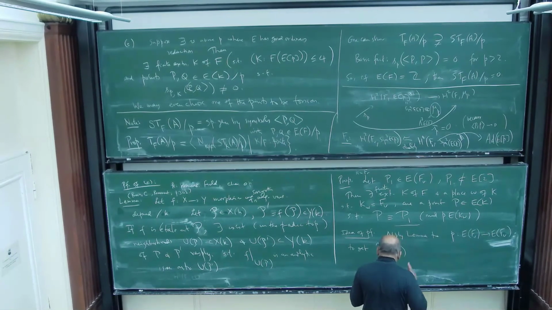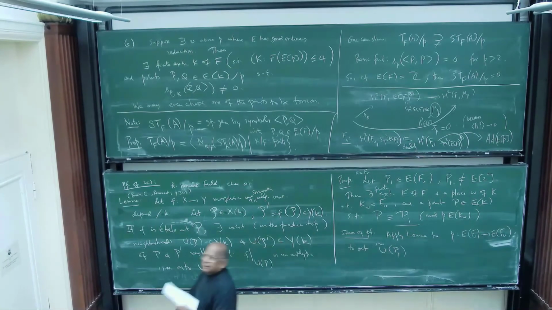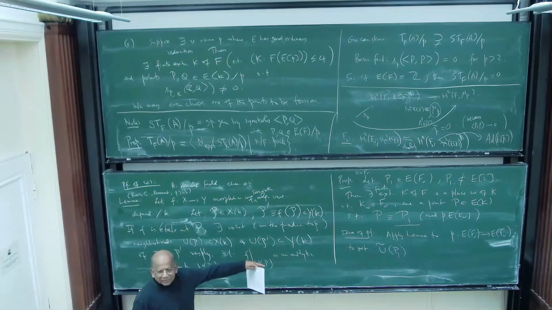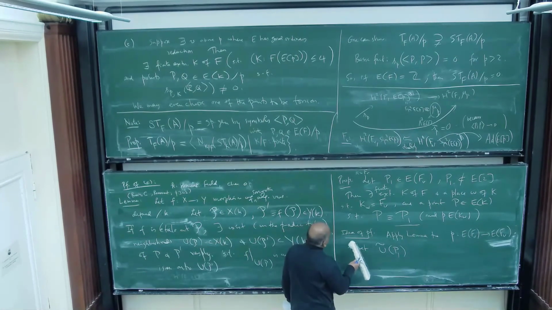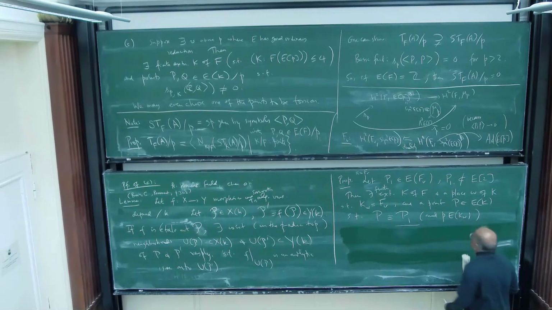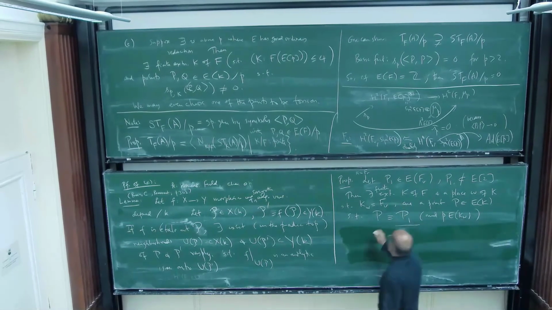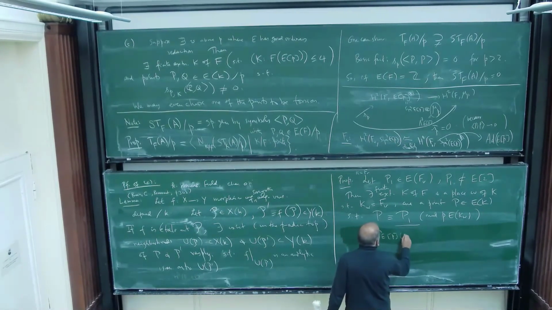Now hold on, you have to be very careful. Do you believe this proposition? Okay, so essentially the point is that what we have to do is take a point R in E of T of F3.